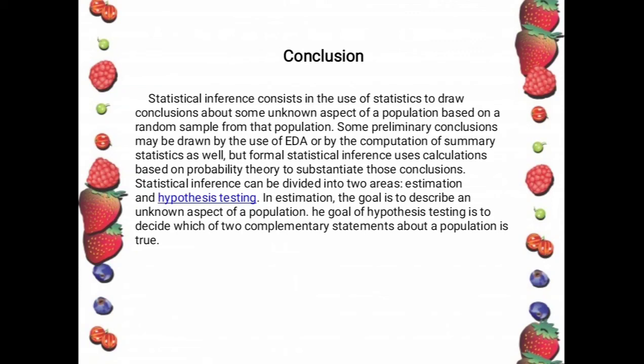In conclusion, statistical inference can be divided into two areas. Number one, estimation, and second one is hypothesis testing. In estimation, the goal is to describe an aspect of a population. The goal of hypothesis testing is to decide which of two complementary statements about a population is true.